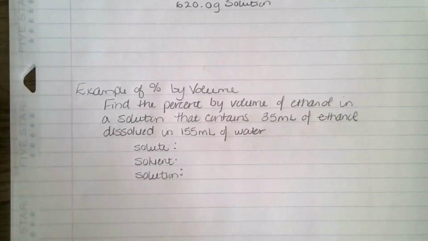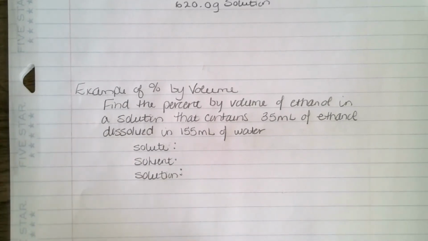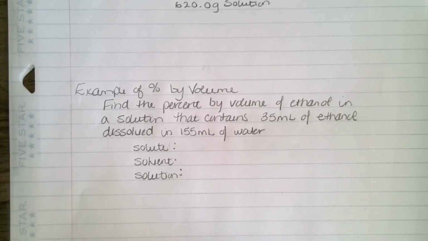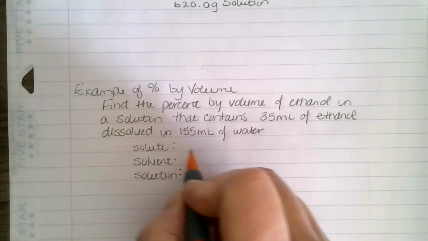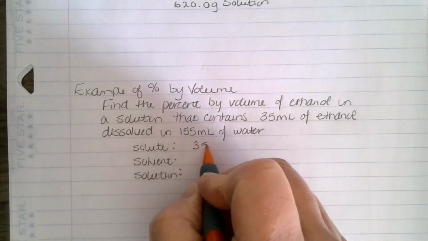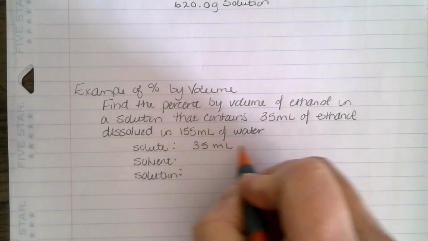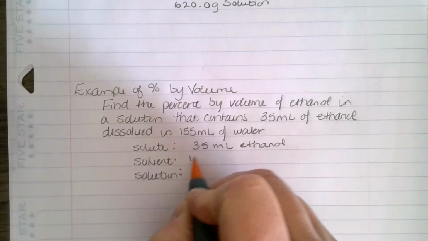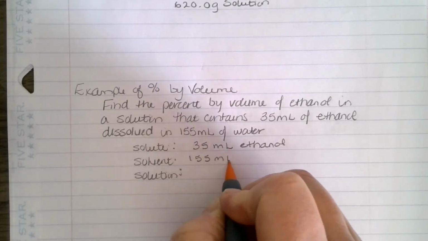Well, let's turn to percent by volume. Kind of the same thing. I'm going to make a solution that contains 35 milliliters of ethanol dissolved in 155 milliliters of water. My solute again is my ethanol. The solvent is 155 milliliters of water.